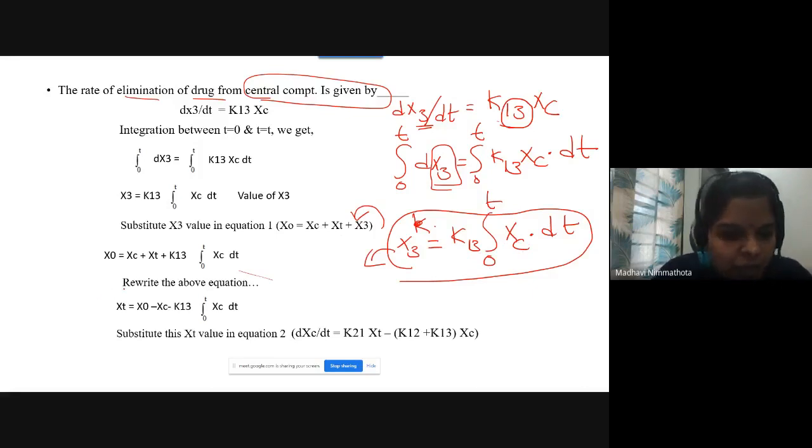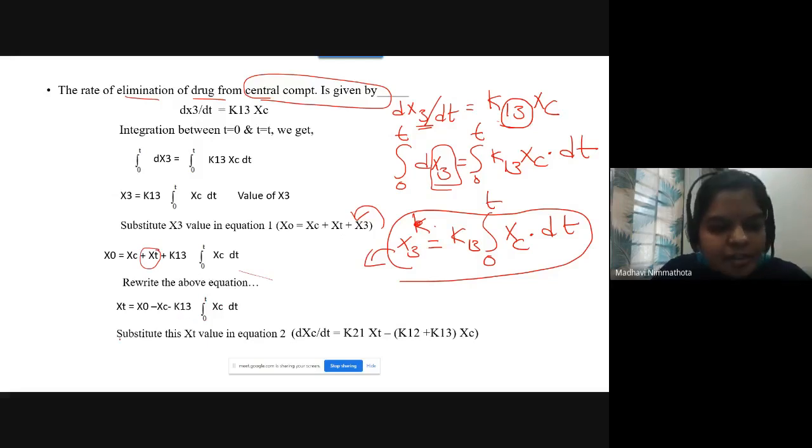After that, you have to rewrite this above equation. How can you rewrite this? You can take out this XT. Then X0 minus XC minus K13 integral of 0 to t XC dt, right?